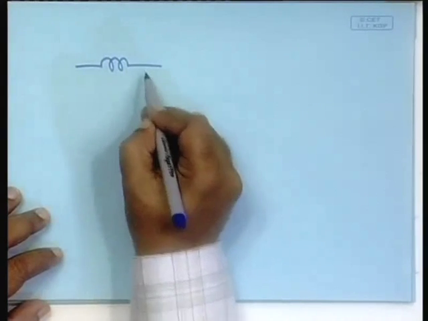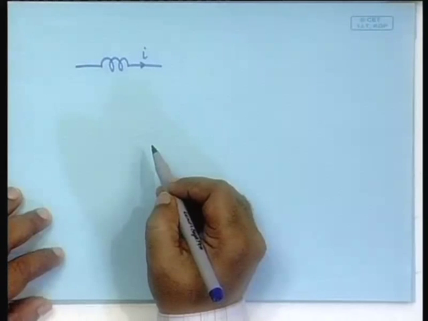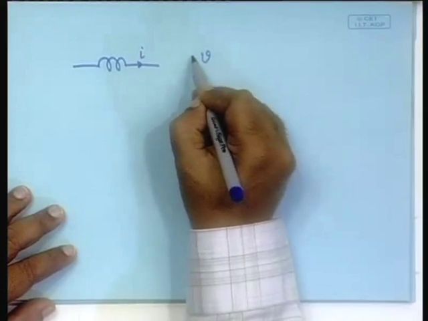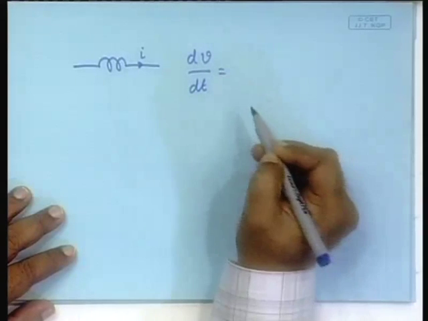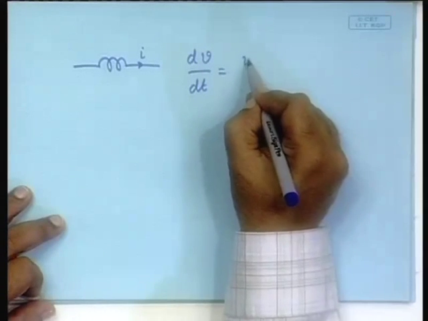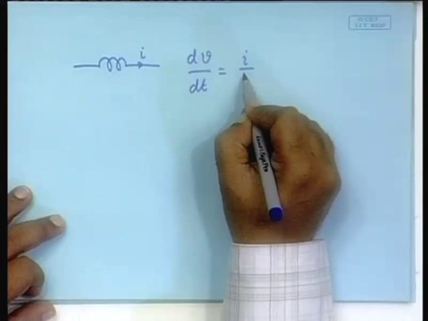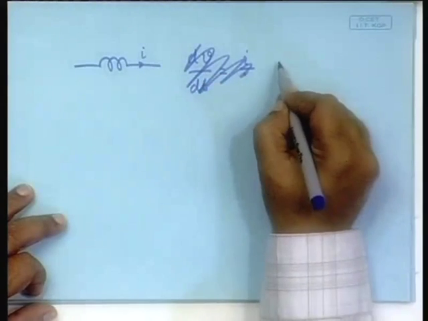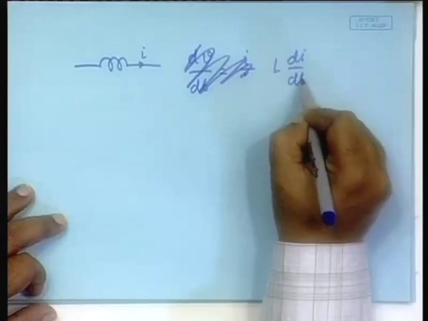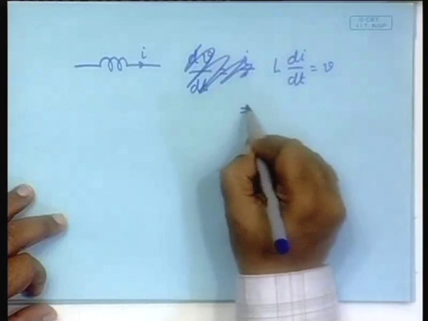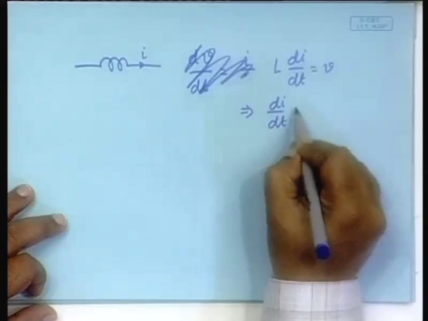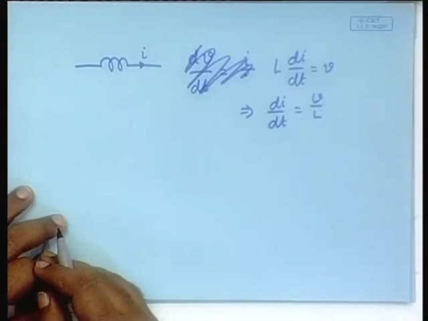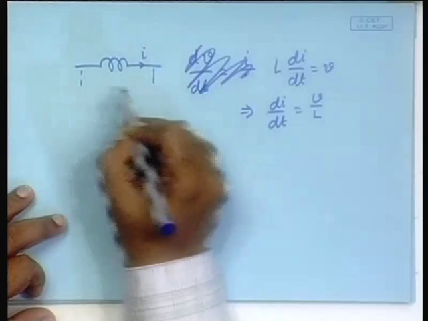That clue comes from the fact that if there is an inductor in a specific line and there is a current flowing through it, then we can write L di dt is equal to V. So, this gives di dt as V by L. So, here V is the voltage across the inductor.